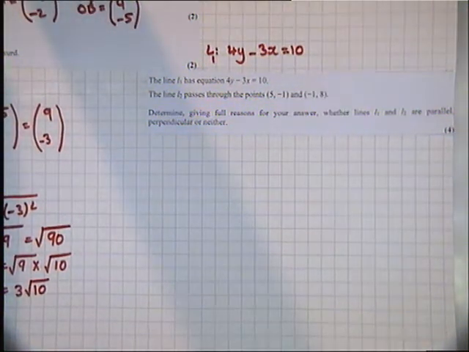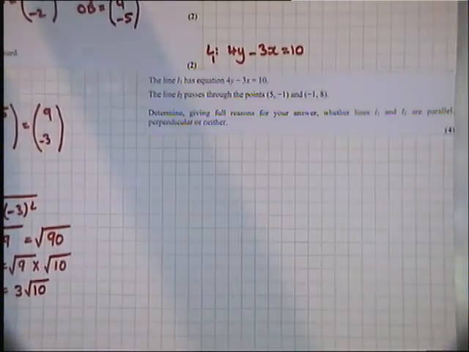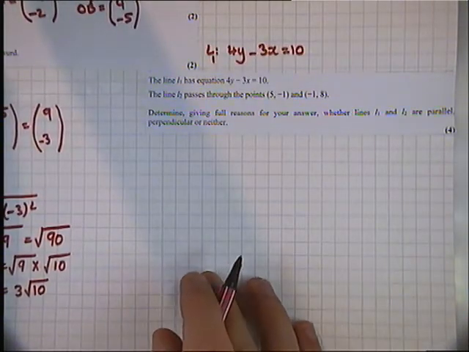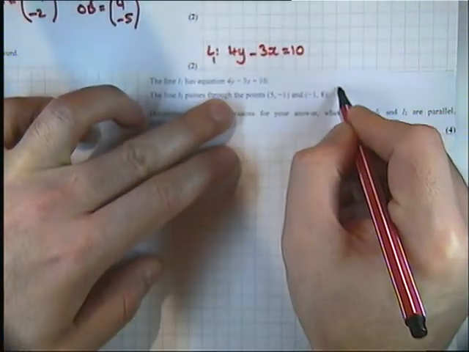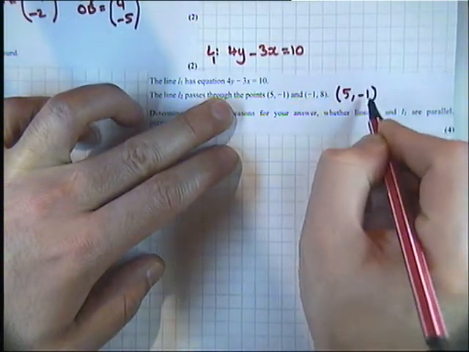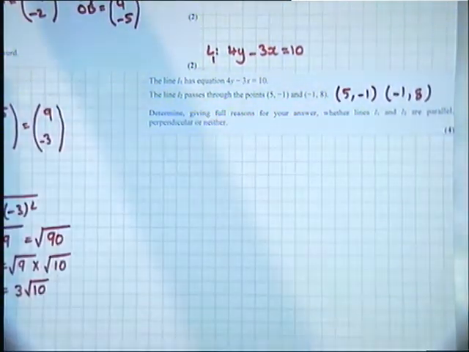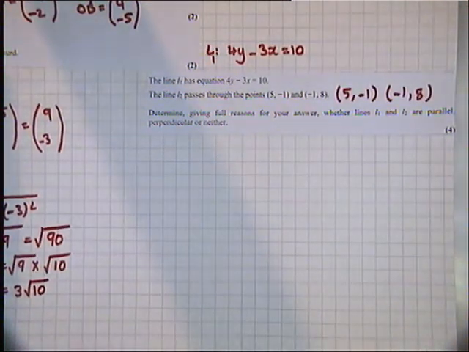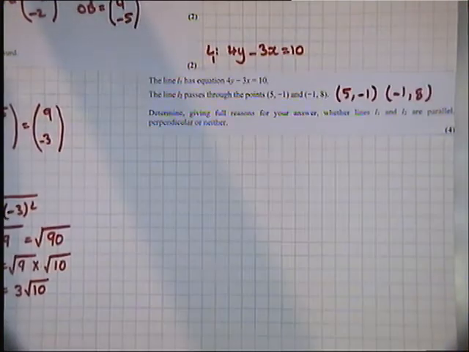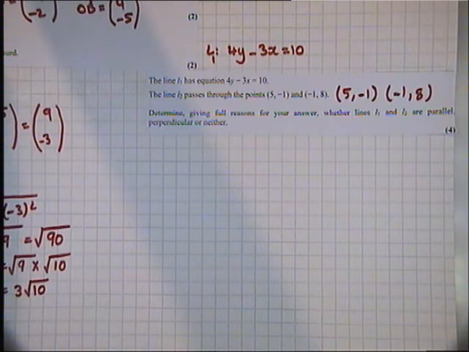The line L2 passes through the point 5, minus 1 and minus 1, 8. So I'll just write it here, 5, minus 1 and minus 1, 8. Determine, giving full reason for your answer, whether line L1 and L2 are parallel, perpendicular, or neither.